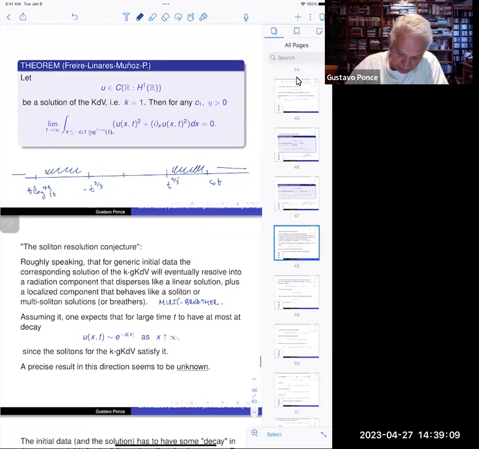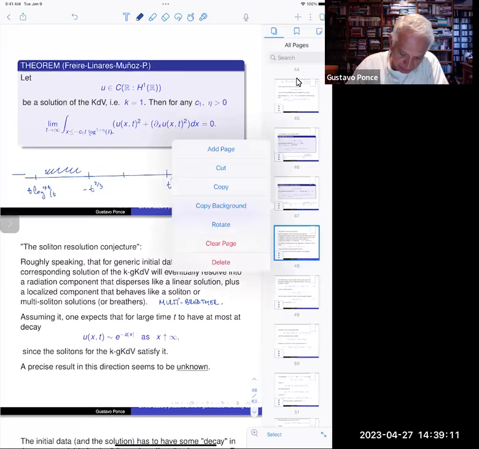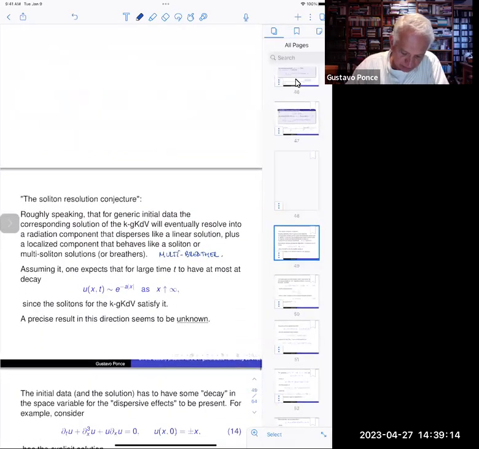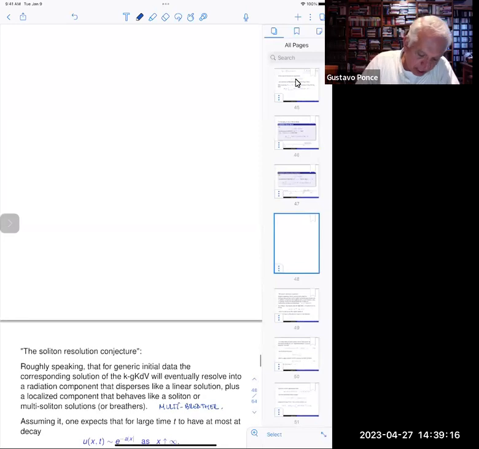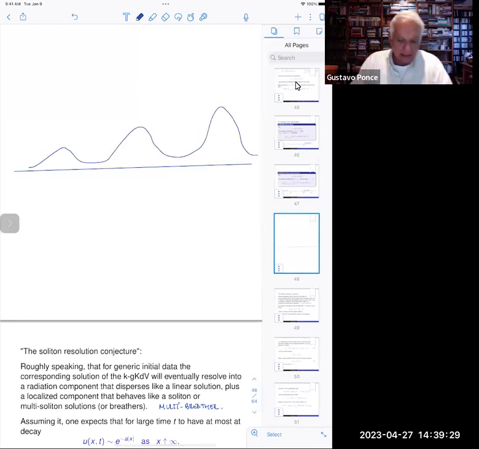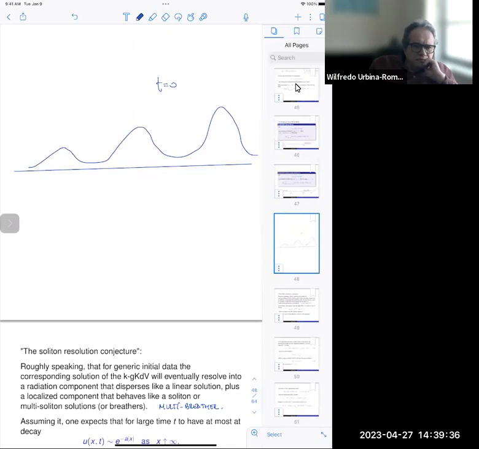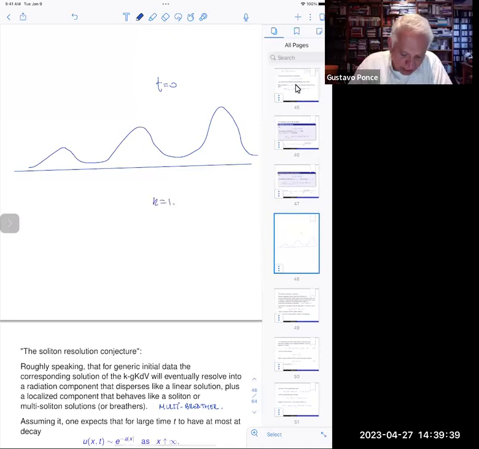Okay, to have a multi-soliton solution is that you start with this profile, right? This is t equal to 0, and you prove that you have a global solution. Okay? And if k is equal to 1 and 2, you know that they collide elastically.